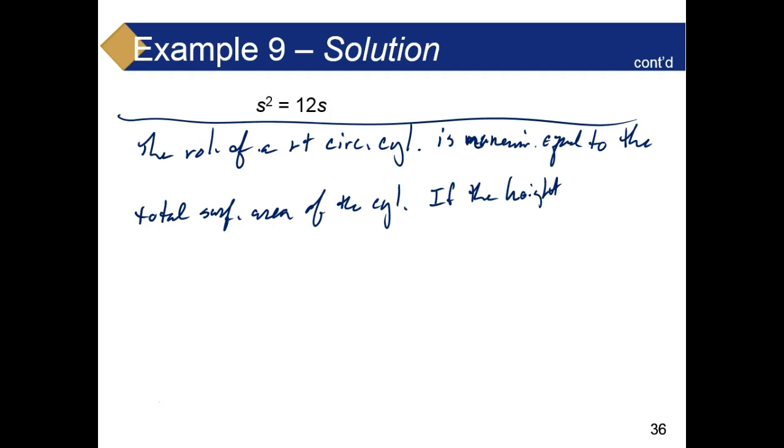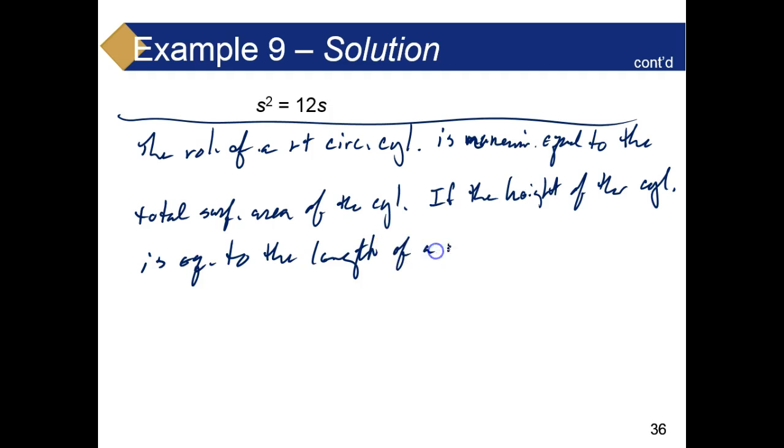If the height of the cylinder is equal to the length of a radius of the base, find the height.